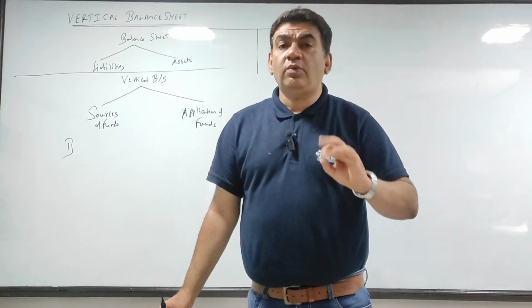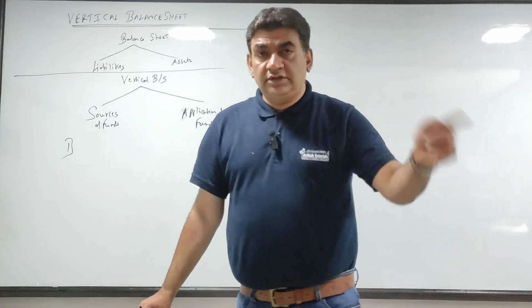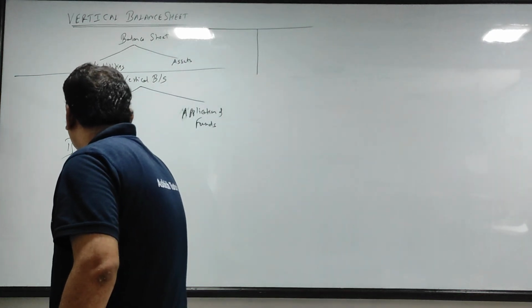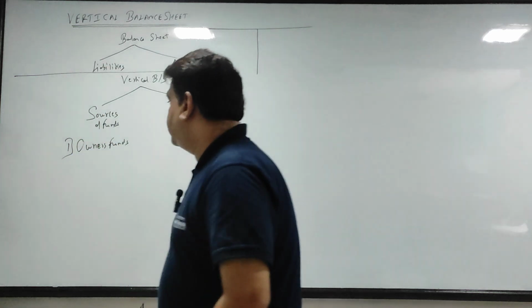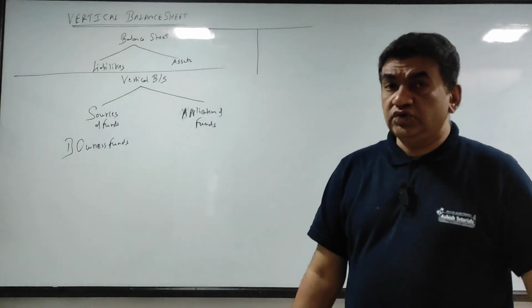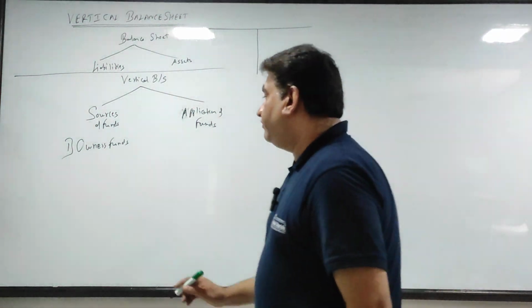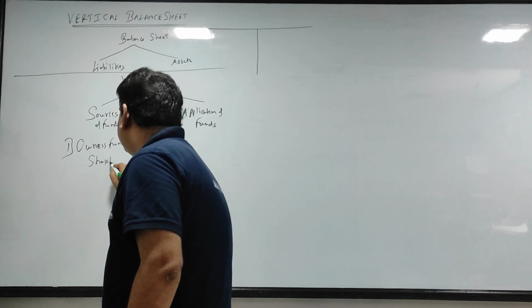One is what belongs to you and the other is what you have borrowed. When I say what belongs to you, that we call owner's funds. And for companies, we use the word shareholders funds.